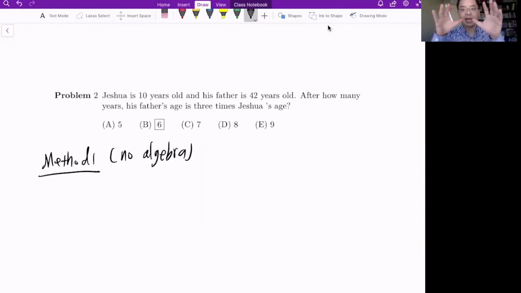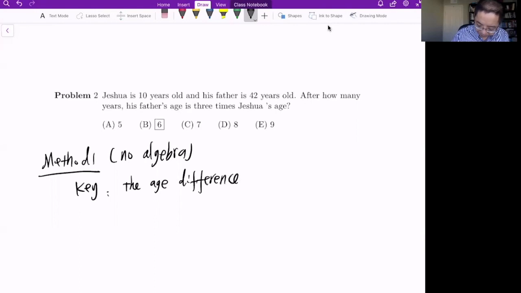If we don't use algebra, which means we are not going to introduce a variable x and set up an equation, then the key observation is that there's one number that does not change as time goes on. That is the age difference between Joshua and his father.